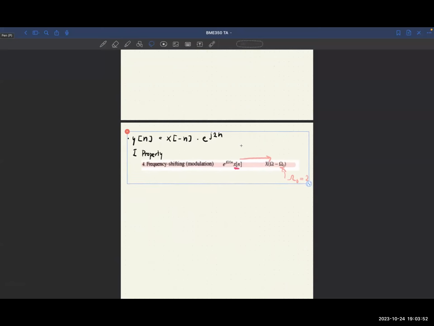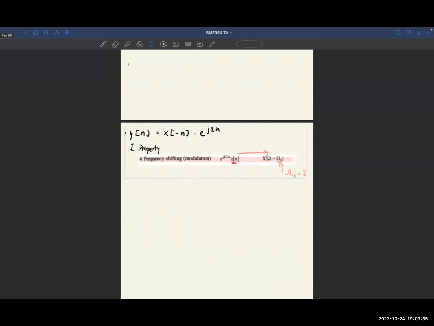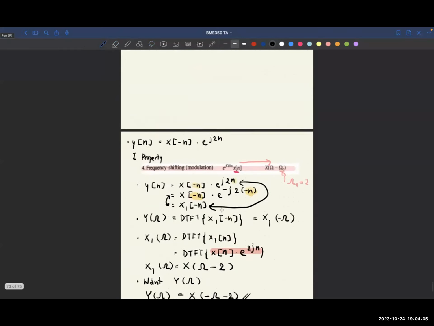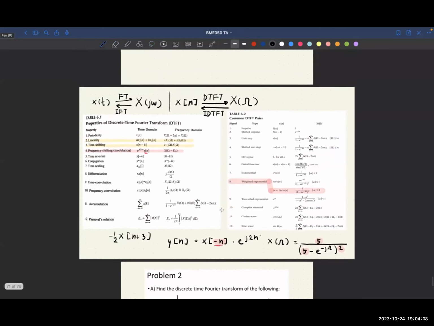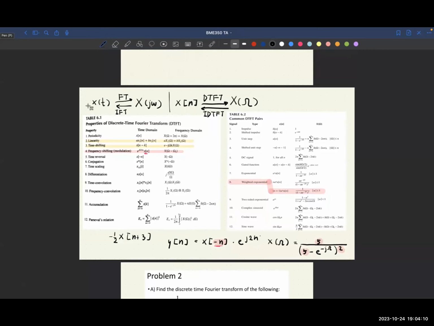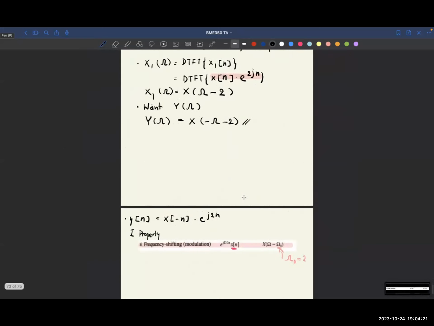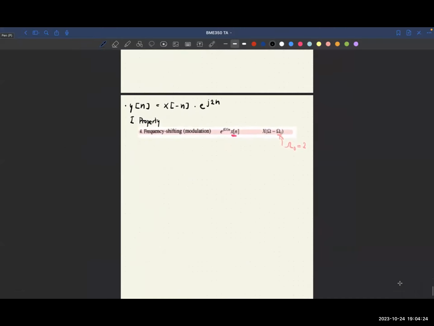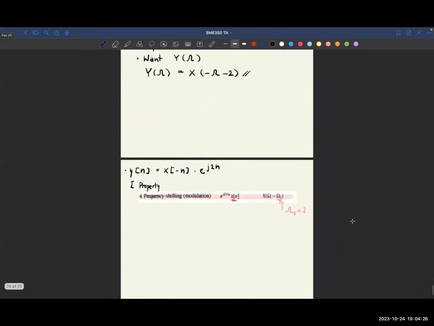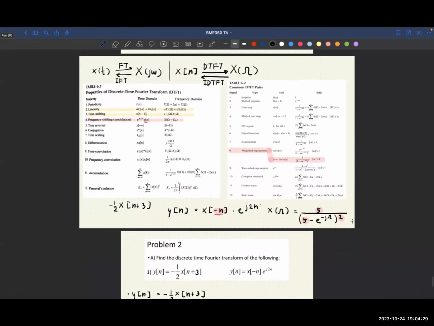Let me take the time reversal property with me.